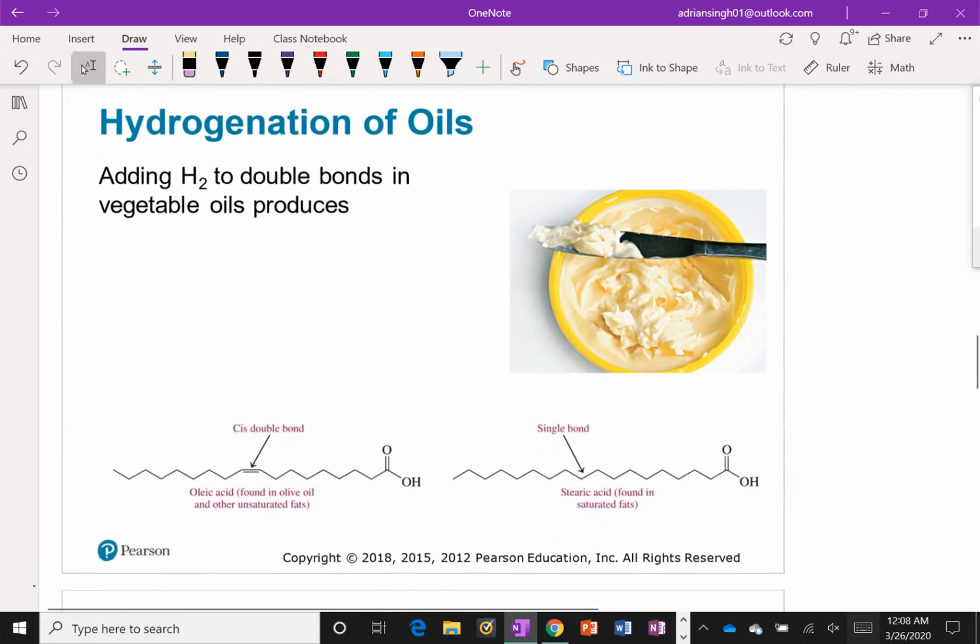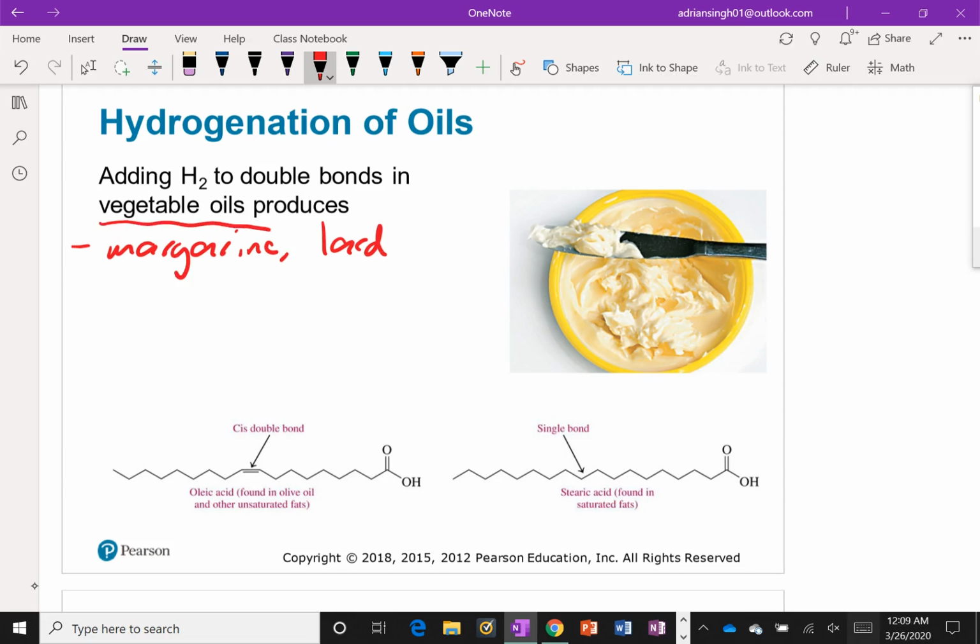Hydrogenation reactions are actually quite common. It is the reaction that is performed to convert your vegetable oils to things like margarine and lard, for instance. All right, so you end up going from these vegetable oils that are liquids, right?